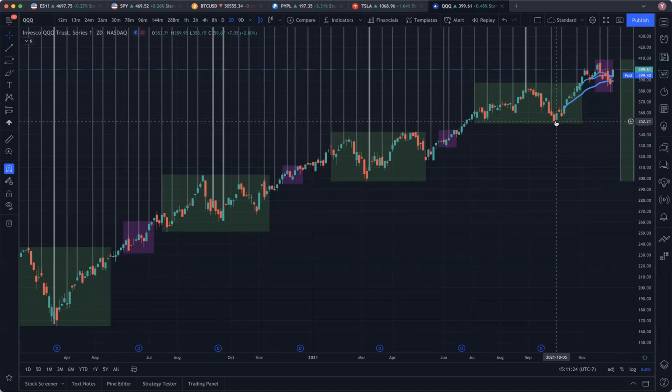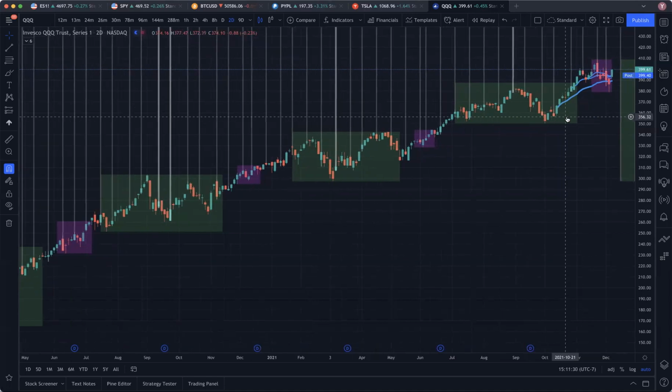A very strong trend where the QQQ price went from basically 350 to 400. So if you get in at the right time on these green periods, these can be very strong trending periods with great profit opportunity.